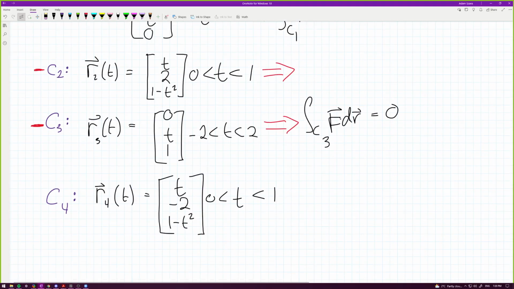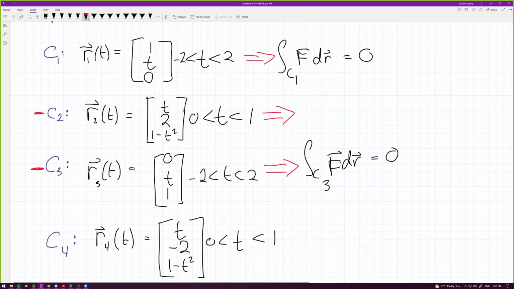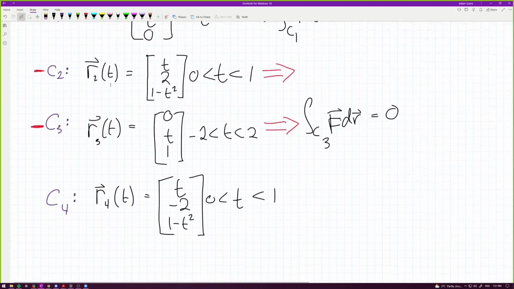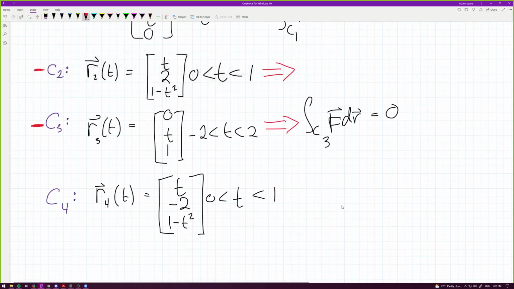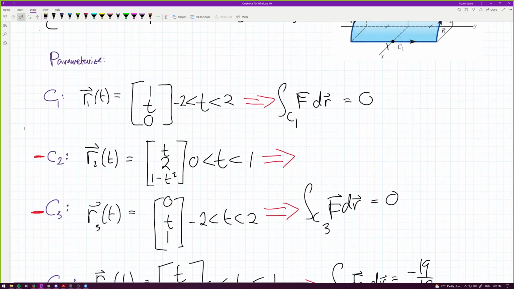And then the bottom one, the integral over C4 of F dot dr, is equal to -19 over 15. Okay, but we'll do this one.